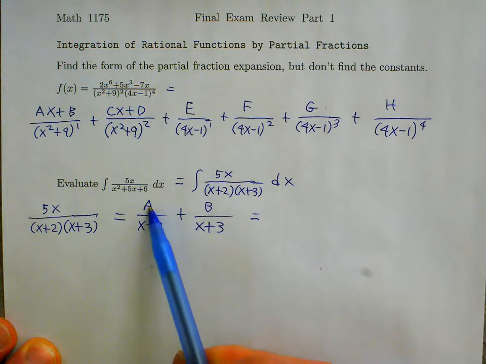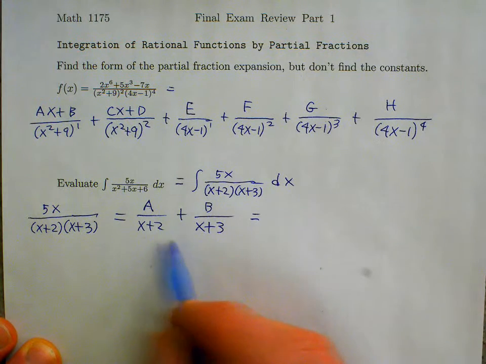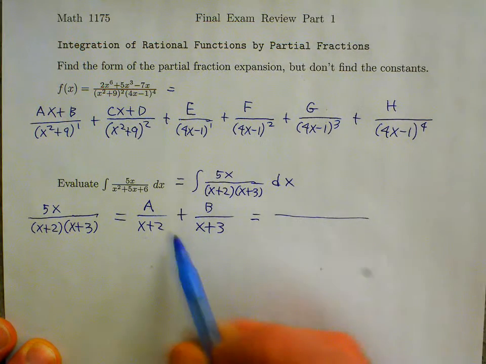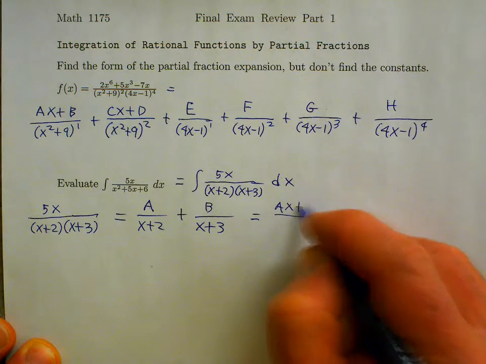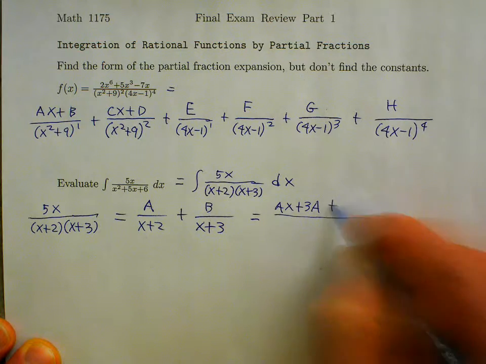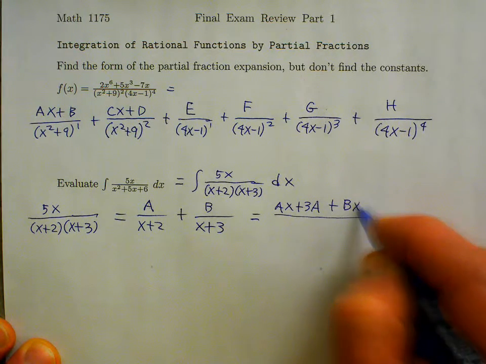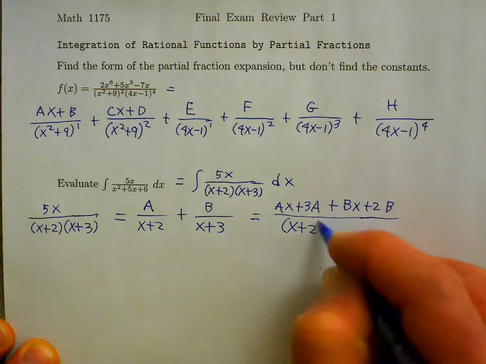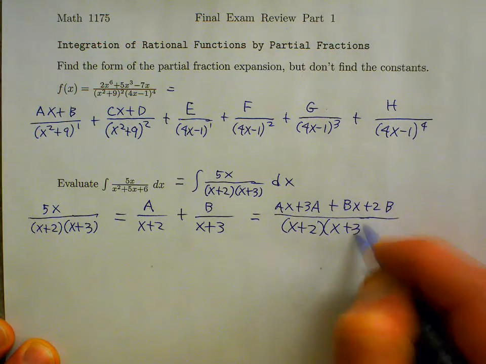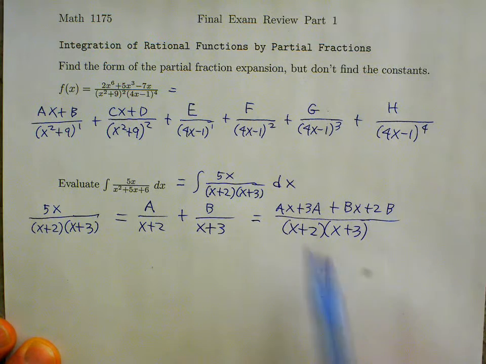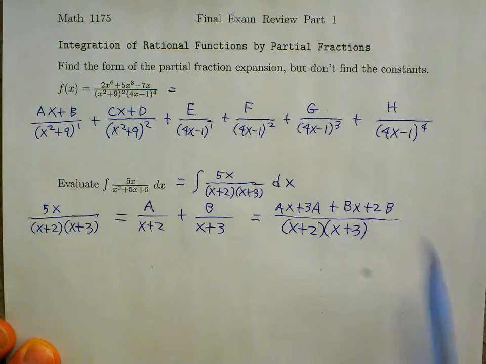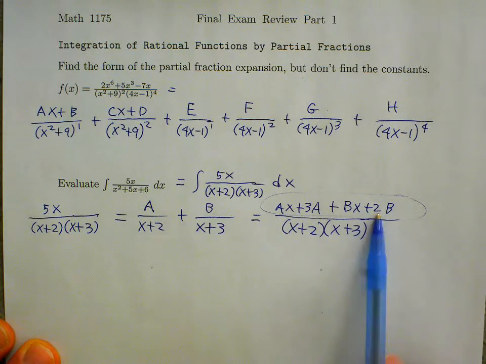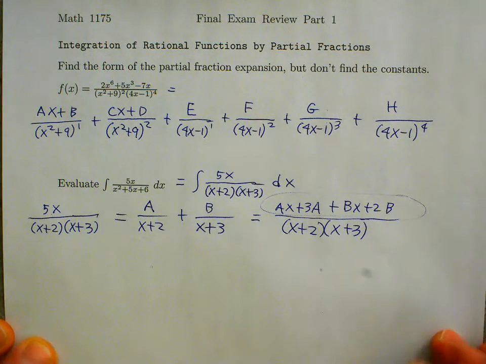Okay, so writing this as a single rational expression, we get ax plus 3a plus bx plus 2b all over (x plus 2) times (x plus 3). So what does this imply? This numerator, ax plus 3a plus bx plus 2b, has to be equal to 5x.